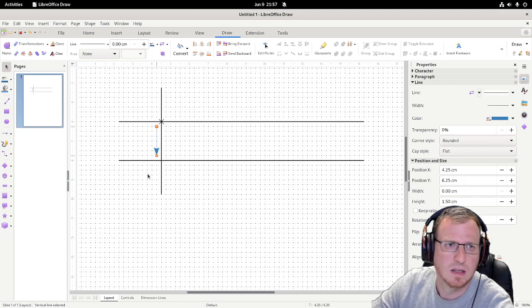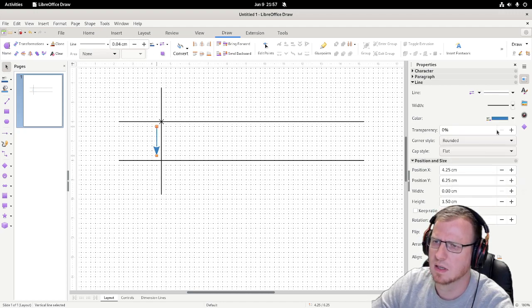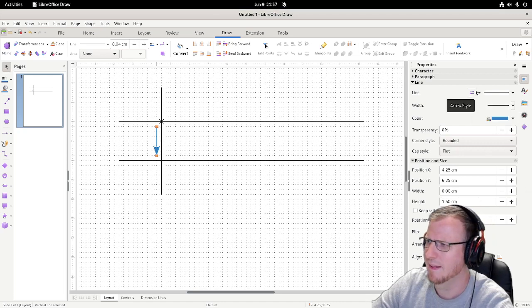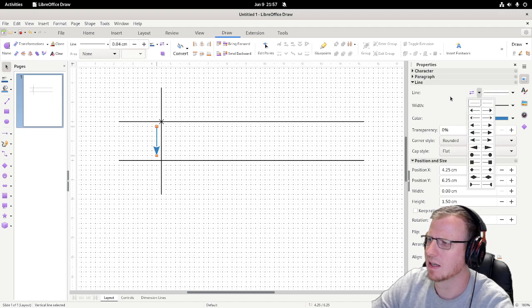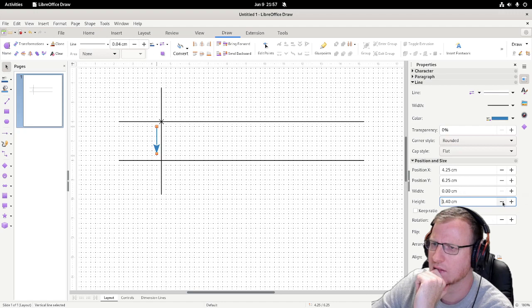Yeah, that's fine. A little bit thicker. The arrow style is cool, but it's a little bit too large. Position and size, height, width.